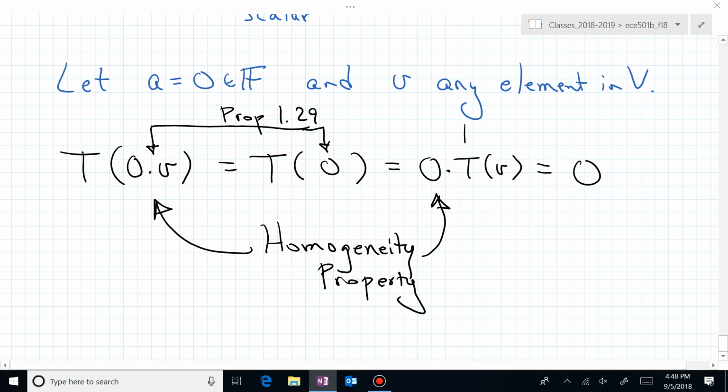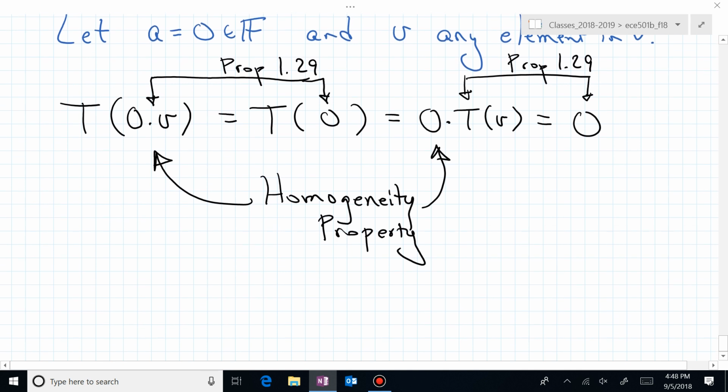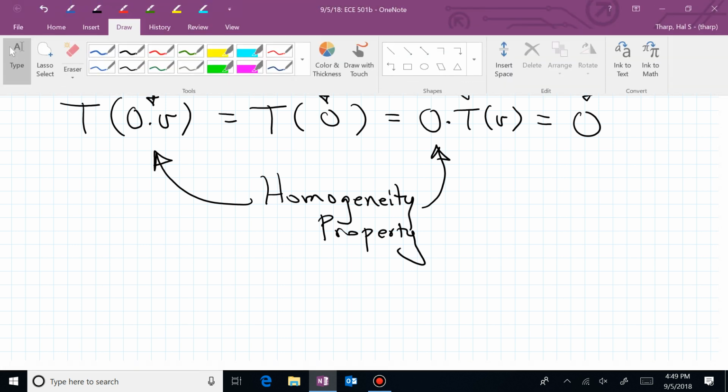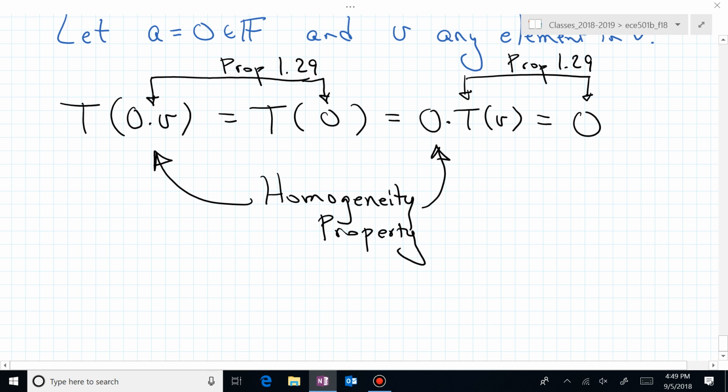So here is, again, Prop 29. And what's the overall result? What I'm wanting you to see is to focus now on this and that.